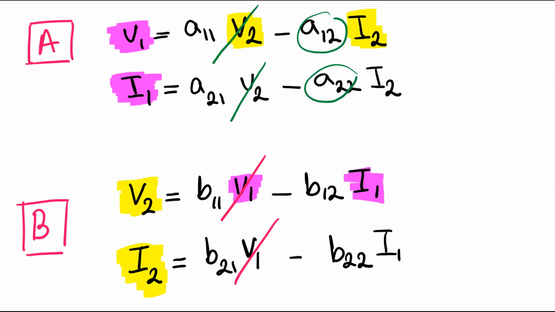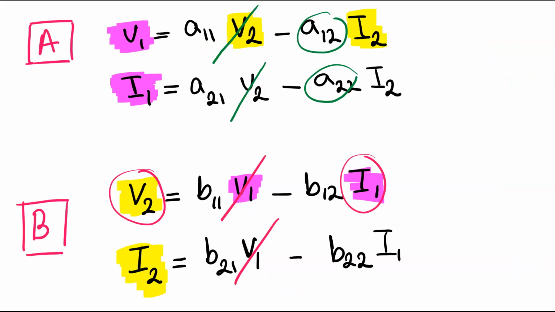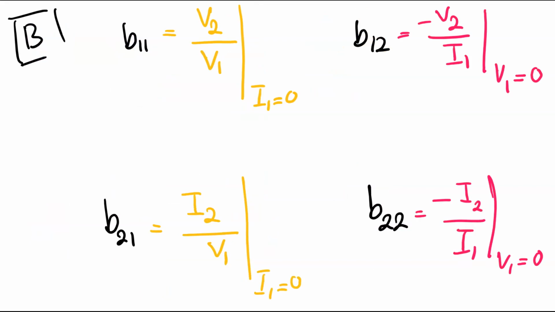Now, if I'm looking for B12, it's going to be V2 divided by minus I1, so V2 over I1 multiplied by a negative sign. And for B22, you need to divide I2 by minus I1, so it's going to be minus I2 divided by I1.